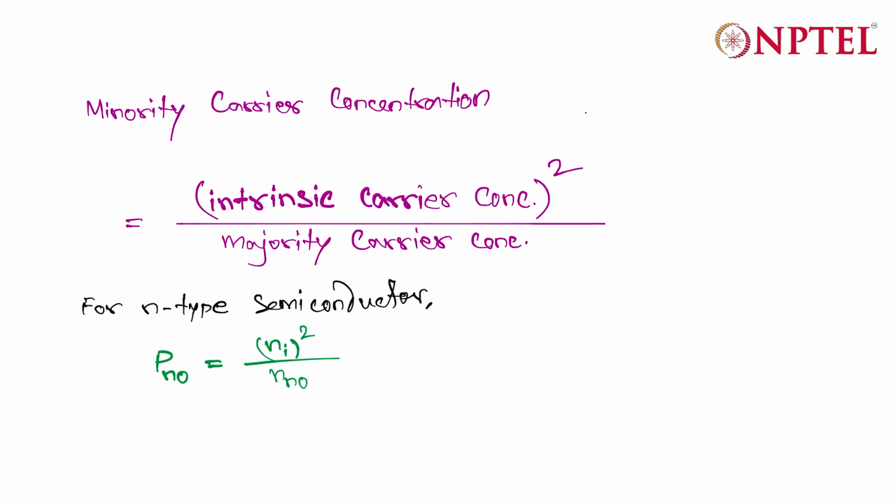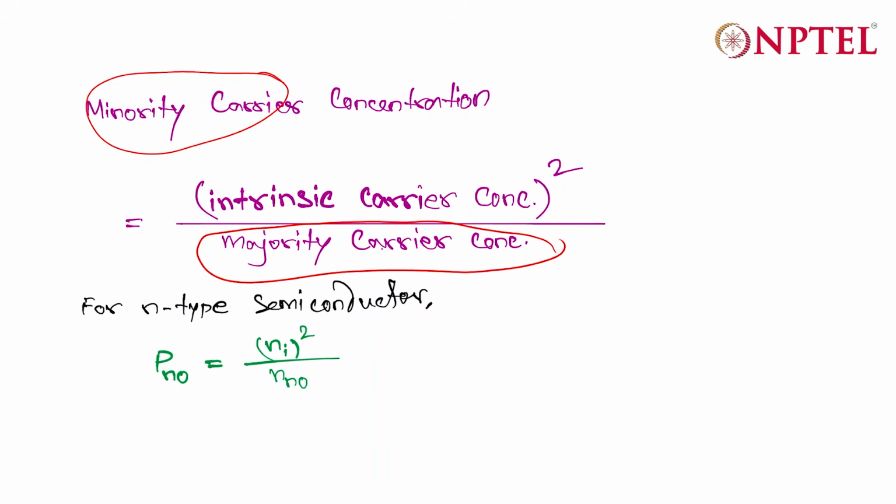Now, we will also see that there is a relation between minority carrier concentration versus majority carrier concentration. The relation between these two is: minority carrier concentration is equal to intrinsic carrier concentration squared divided by majority carrier concentration.